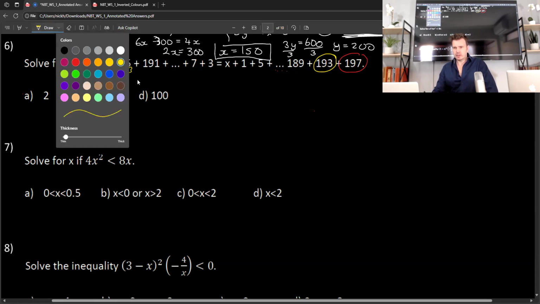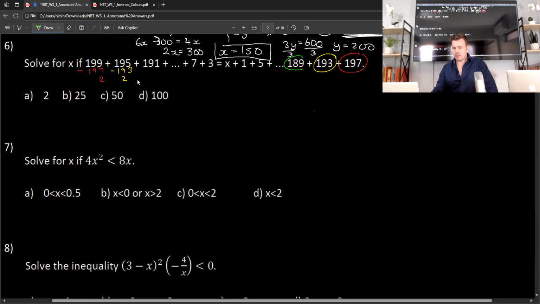All right, so what we notice is that when we take these across, we always get 2. Okay, so x is going to be 2 plus 2 plus how many times? We're going all the way from 199 down to 3.